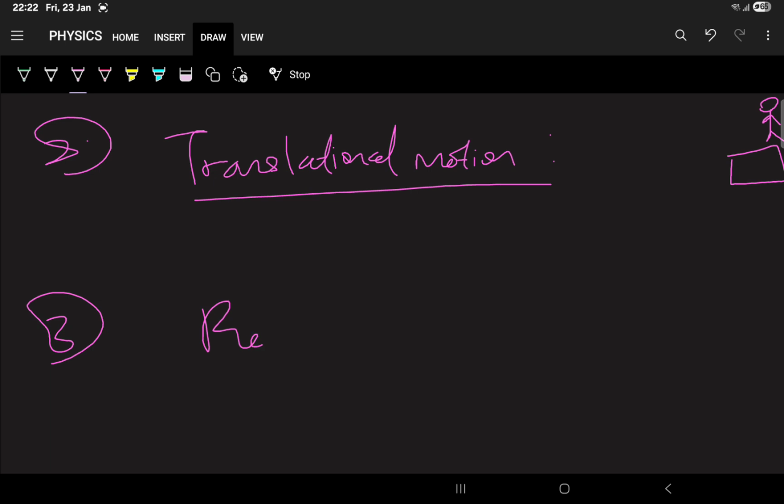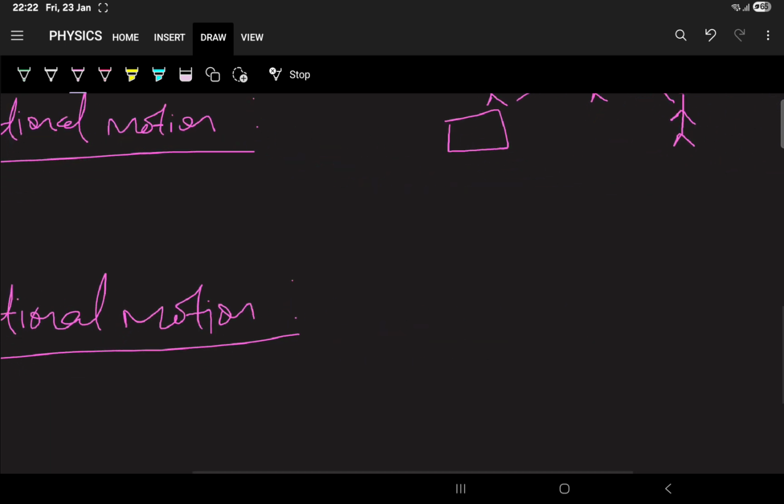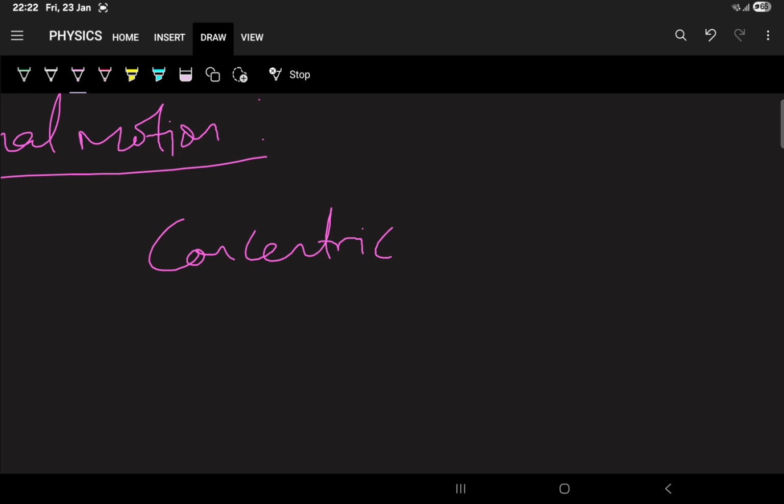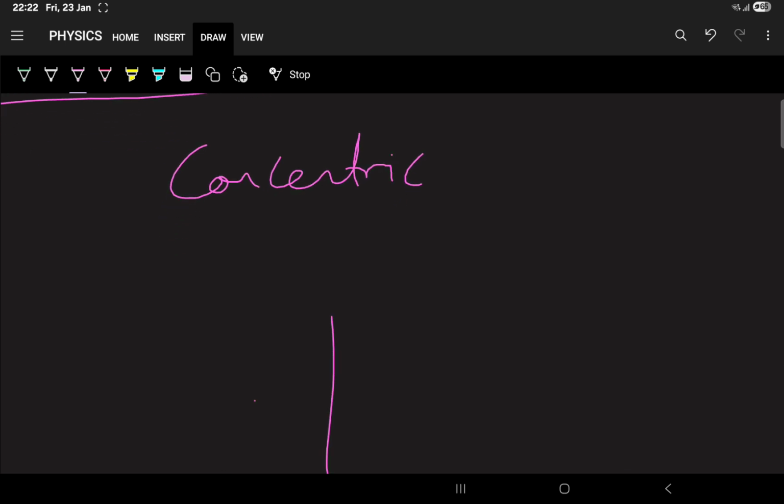Now we come to rotational motion. Rotational motion deals with all points of the body moving in concentric circles. Now, the term concentric: assuming this to be the center of my circle, let's assume (0,0) as a position in space, and this is my circle.